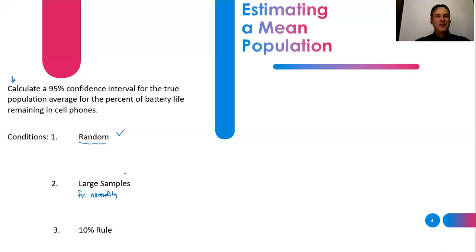Now we did this back in chapter 7, and I'm going to write some information just above this number 2 here. Remember that if n was greater than or equal to 30, we said yes, by the central limit theorem, our sampling distribution is approximately normal.